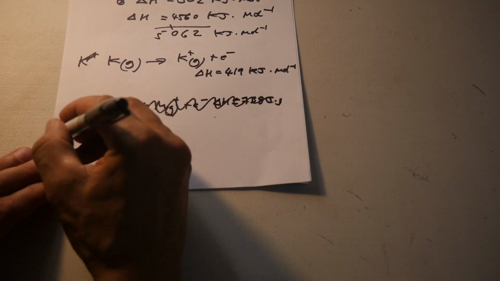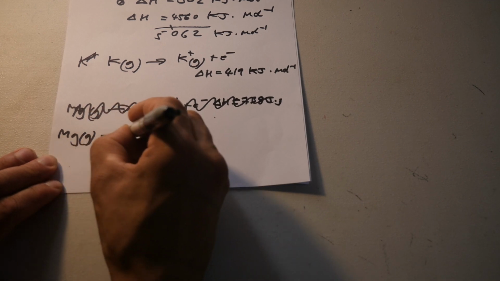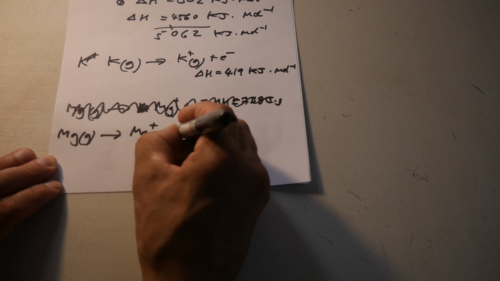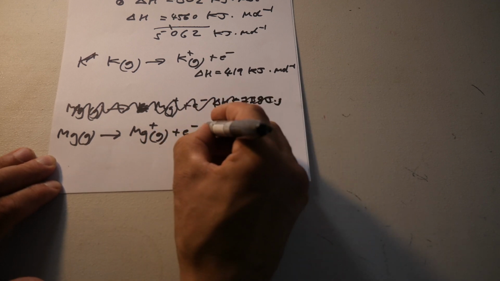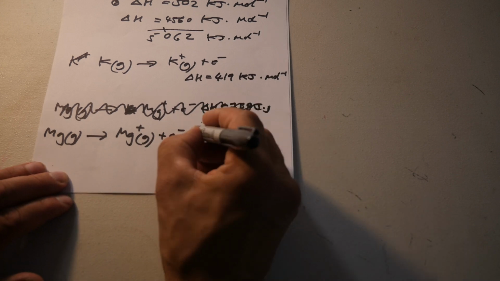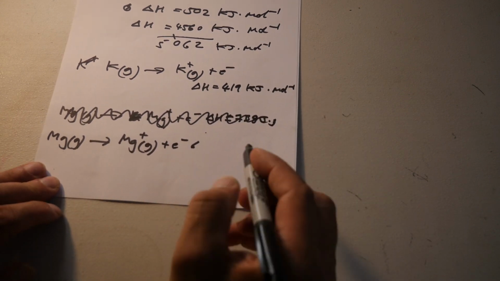So magnesium gas goes to magnesium plus gas plus electron, and normally you write this straight afterwards, but I'm running out of space because my pen is thick. If I was using a thinner pen, I'd be able to fit this in more easily.